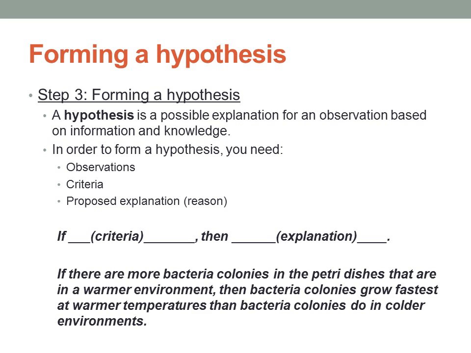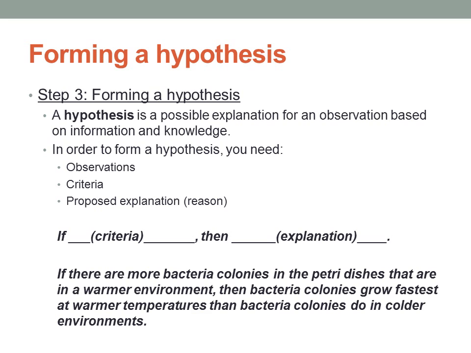So that leads us to step number 3, forming a hypothesis. A hypothesis is a possible explanation for an observation based on information and knowledge that you have. The information and knowledge that you have, you will get from your observations.